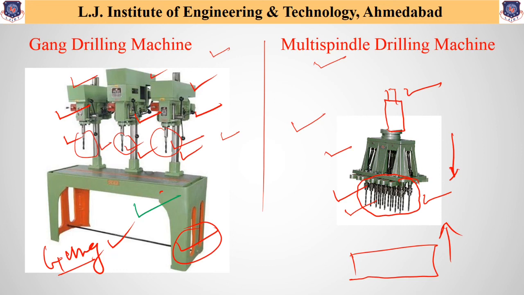We also discussed in previous lectures that the radial drilling machine has three types: plain radial, semi-universal radial, and universal radial drilling machine, based on the different movements that can be obtained. The next are the gang drilling machine and the multi-spindle drilling machine, and we have also discussed in detail the difference between them.